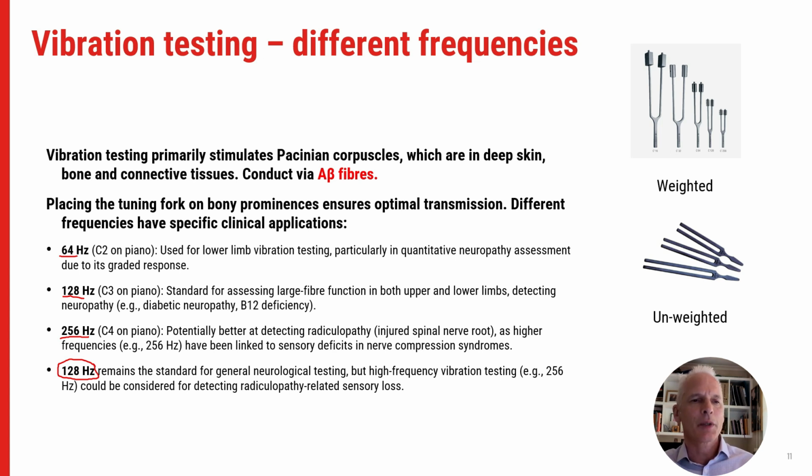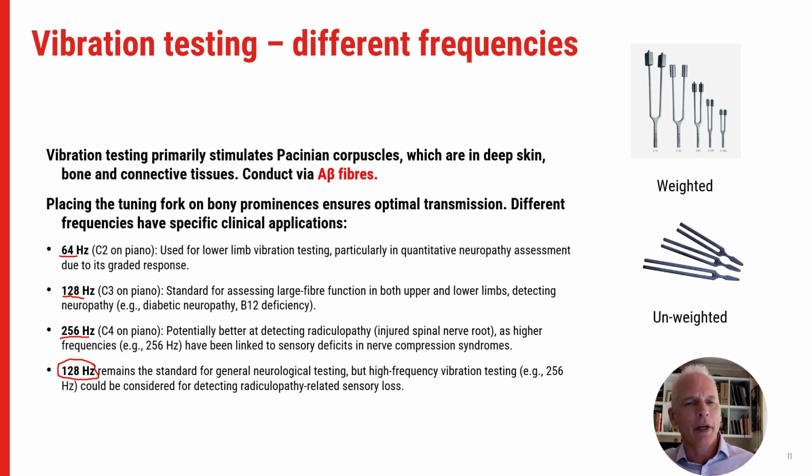So you have a lumbar spine that's getting a bit old, or you've had an injury and you've got a bulging disc that's squashing a nerve. That can lead to, first, a loss of 256 Hertz frequency. So they might find that they can feel the 64 or the 128, but they can't feel the 256.